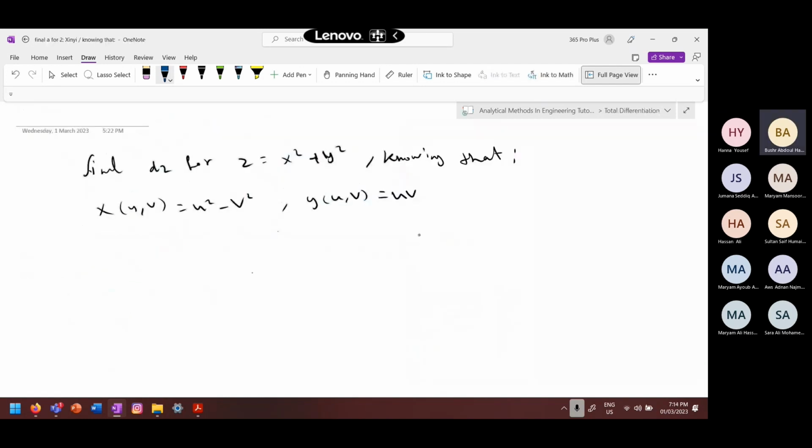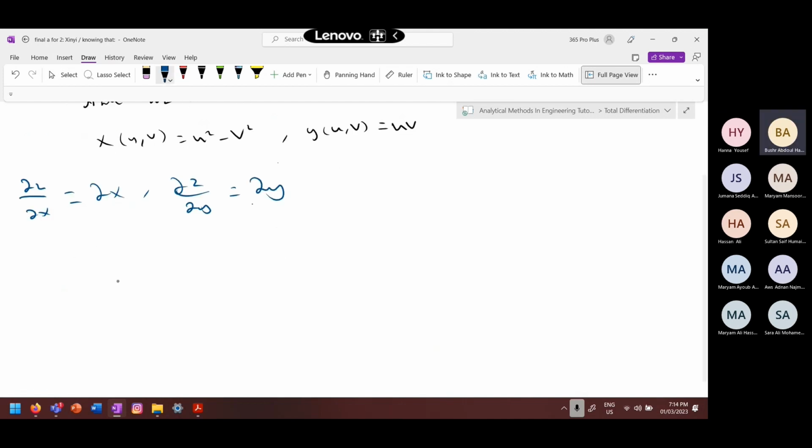Total differentiation. You're having the same question, just to understand the concept. Okay, we need to find partial z over partial x, which is going to be equal to 2x. Partial z over partial y is equal to 2y. Now, what we have here is that we want dz.